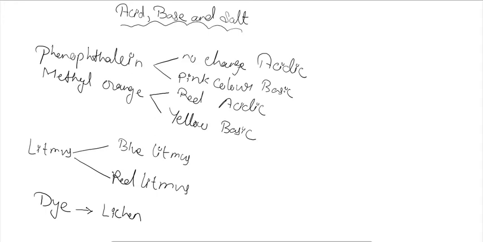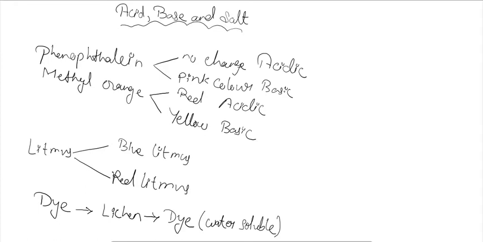From these lichens, the natural dye is extracted. The dye is water soluble, so a solution of this dye is made with water, and a blue paper and a red paper are dipped in this solution, which absorbs the dye. These papers are generally filter papers.